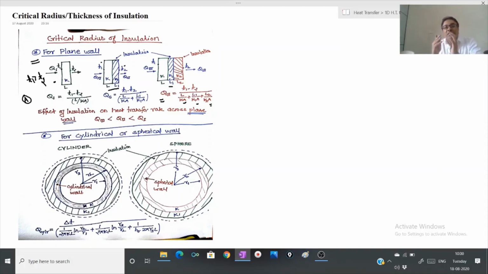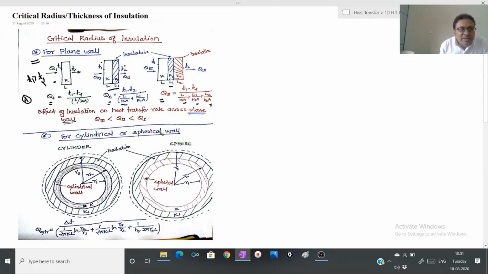And thermal conductivity of insulating material is generally low as compared to the conducting material. So the overall effect of all these parameters, that is, A remains constant, thickness of the wall increases, and by providing insulating layer, thermal conductivity of the entire system decreases. So as you can see here, this is the rate of heat transfer in first case, this is the rate of heat transfer in second case.